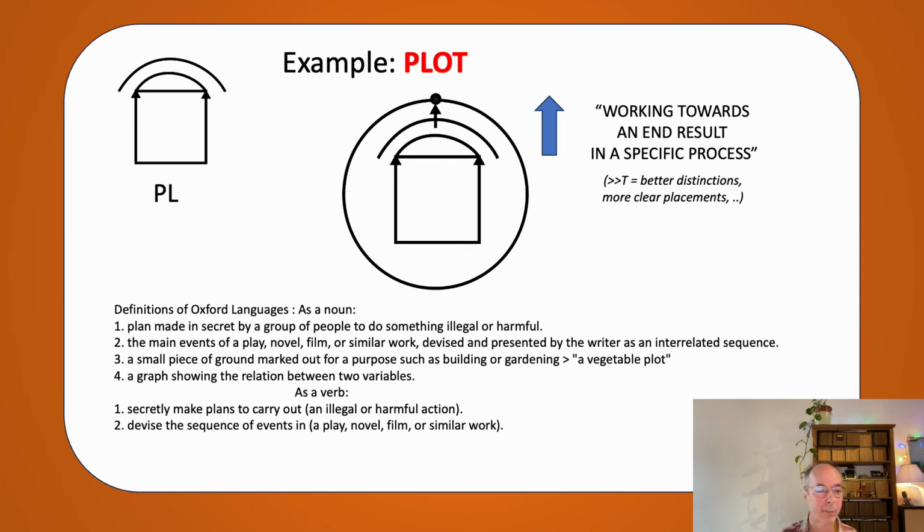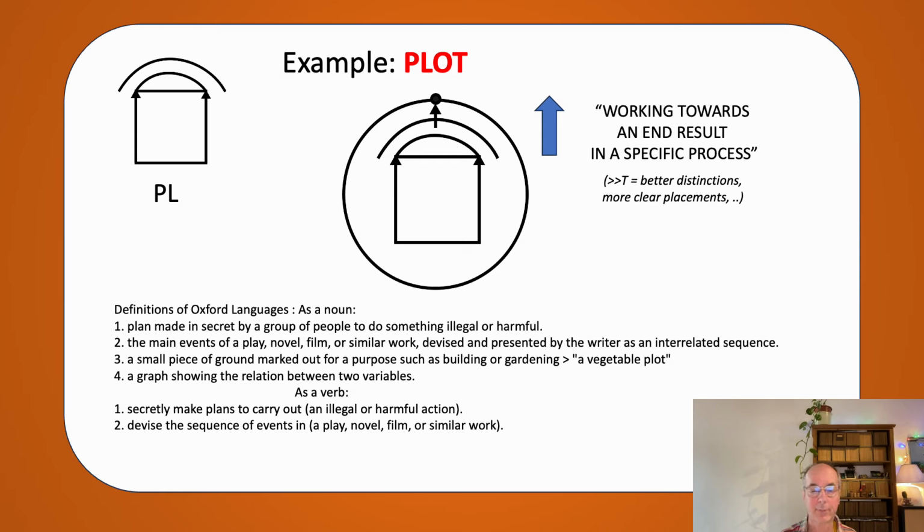Or a small piece of ground marked out for a purpose such as building or gardening, here in the context of a vegetal plot, something else. A graph showing the relation between two variables, or, as a verb, secretly making plans to carry out, and again devise the sequence of events in a play, novel, film, or work.